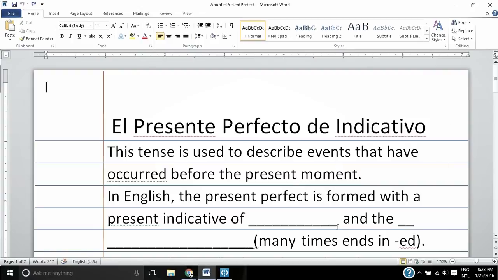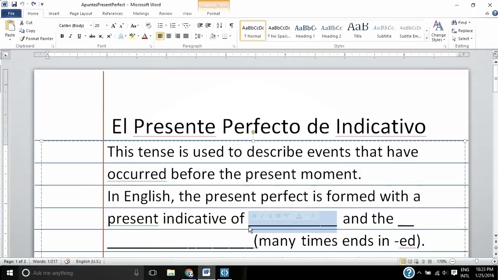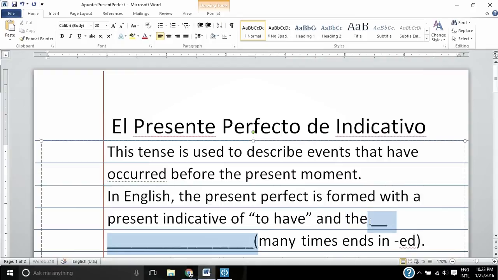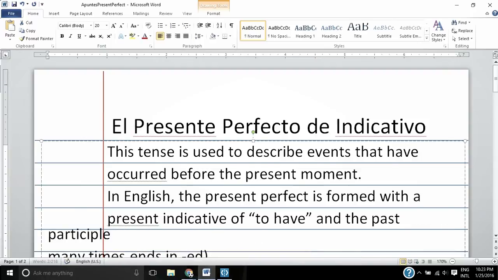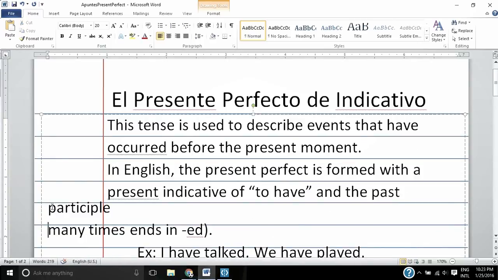In English, the present perfect is formed with the present indicative of to have, and then the past participle, which we just talked about. Let's see if I can format that better.